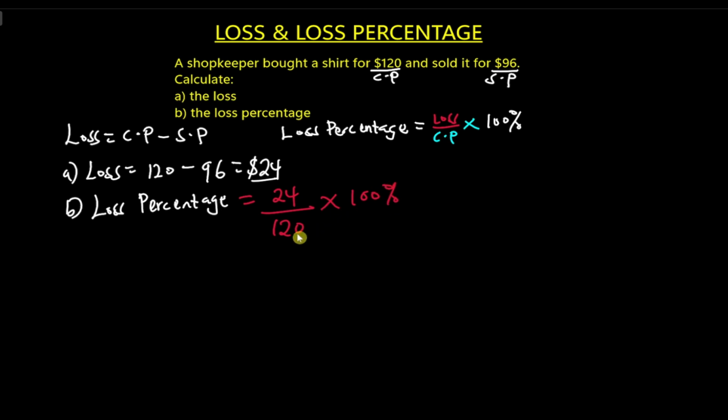Now over here we can do, even before you multiply, this 0 can cancel this 0. 12 goes into itself once and then goes into 24 two times, so we just have 2 times 10. Now 2 times 10 is 20, so therefore the loss percentage is 20%. Now using this formula, as you can see, we just solve it and then we have the loss and then the loss percentage. Now let's move on to the second method.